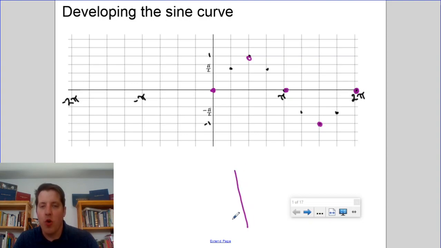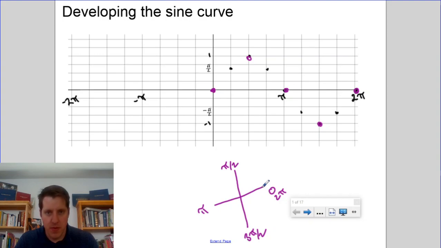That's also going to correspond to the unit circle. I want you to think about the unit circle for a second. We've got 0, we've got pi over 2, we've got pi, we've got 3 pi over 2, we've got 2 pi. These are the 5 positions that we're going to think about. Middle, high, middle, low, middle.